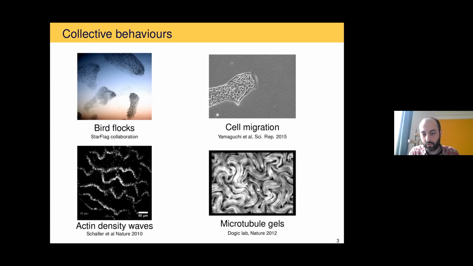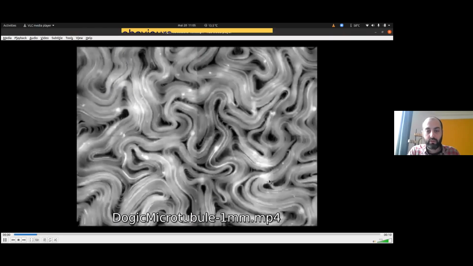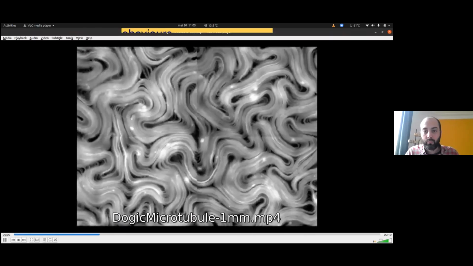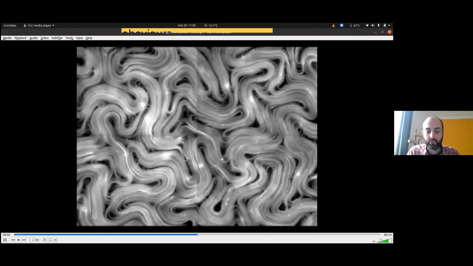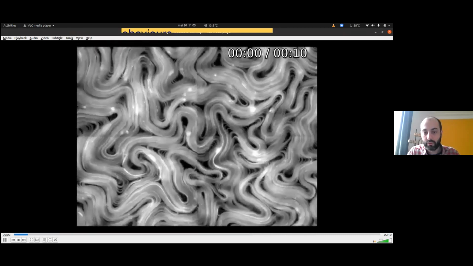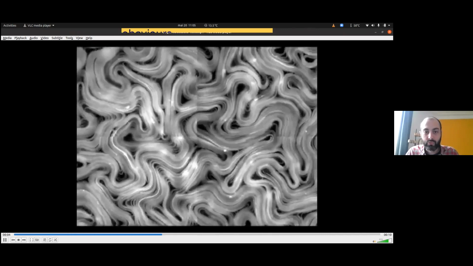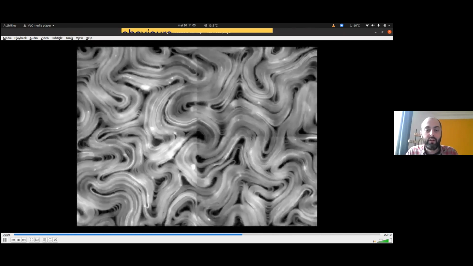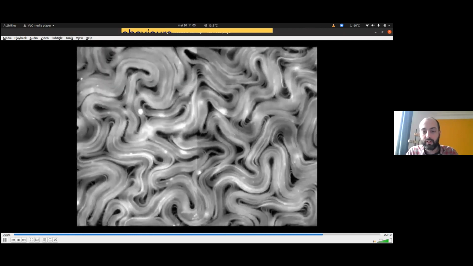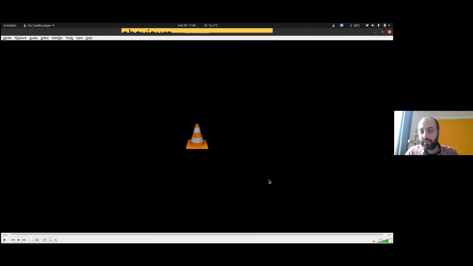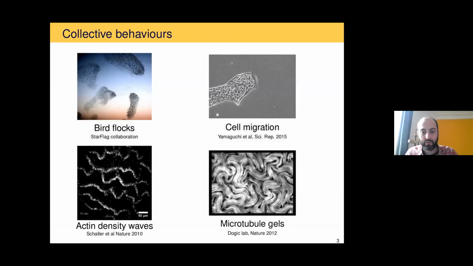And on the right, you have microtubule filaments, which when you put molecular motors, form what has been called an active nematic, because it has a nematic symmetry. But you see that the defects are moving around, they nucleate and annihilate. So it makes it an active nematic that's very different from what you have in your TV.